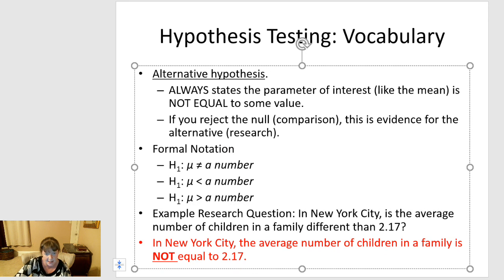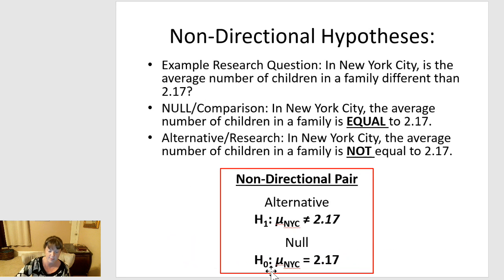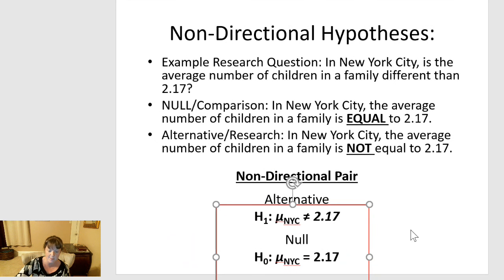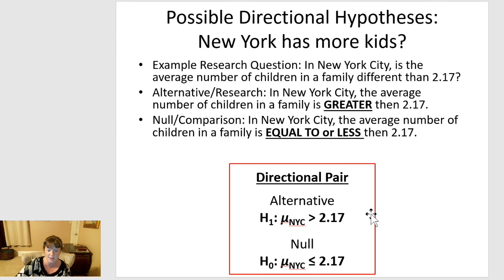And you have to pick ahead of time. Are you going to do option 1, 2, or 3? Are you going to test a non-directional hypothesis, like this one? Are you just going to test the idea that they're either equal to or not equal to? Are you going to test this set of directional hypotheses where you're saying, people in New York City, I think they have greater numbers of children than average, so you test the null that they have less than or equal to?